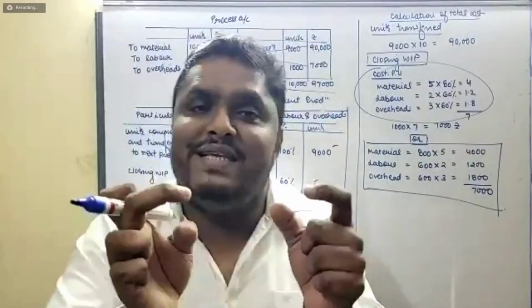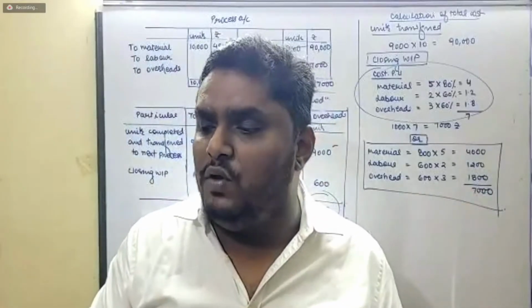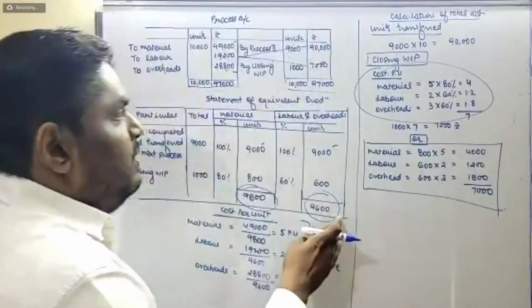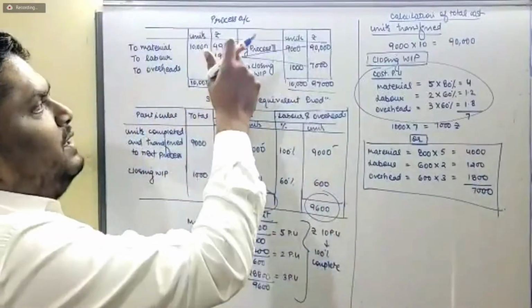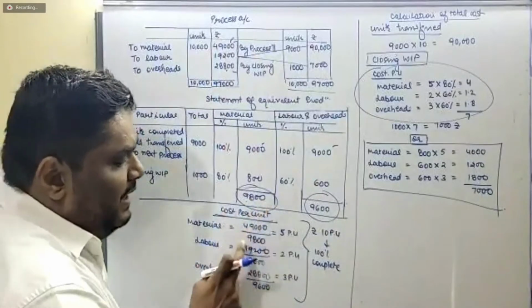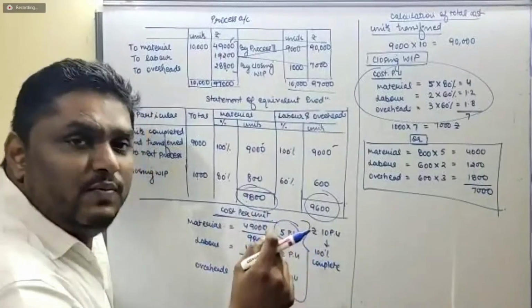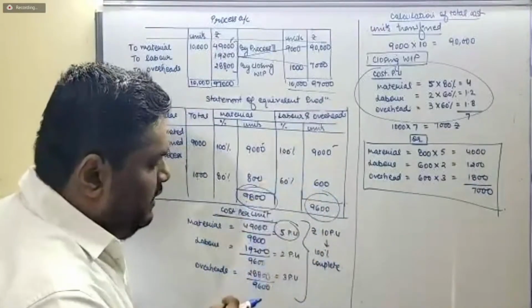Now our first step is complete, that is, we have calculated the equivalent number of units. Now the next part, calculate the cost per unit. That is, 49,000 is the material cost divided by the equivalent number of units, 9,800. So this will be my material cost per unit.